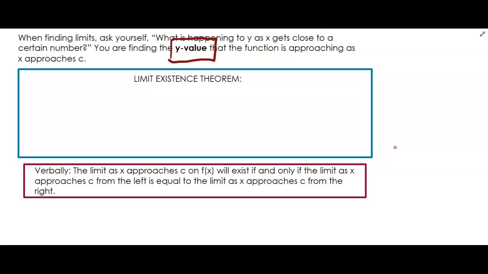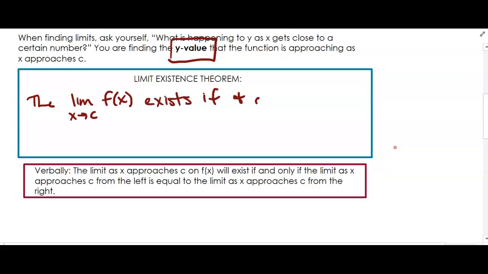And we can say that the limit as x approaches c of f of x, again, no plus, no negative, this is the two-sided limit, so we care about both sides, exists if and only if the one-sided limits exist and are equal to each other.